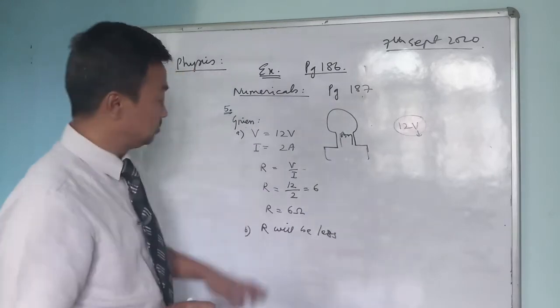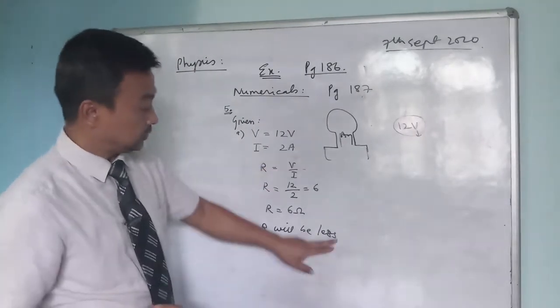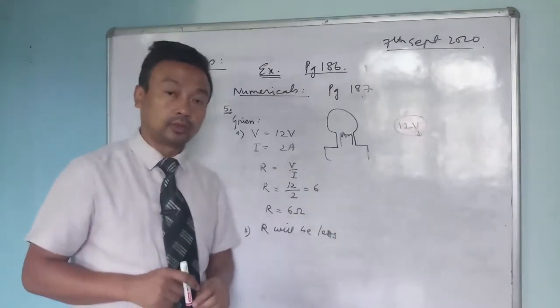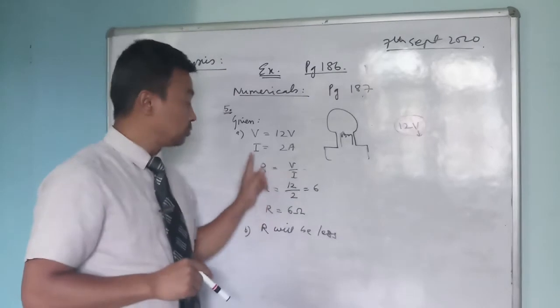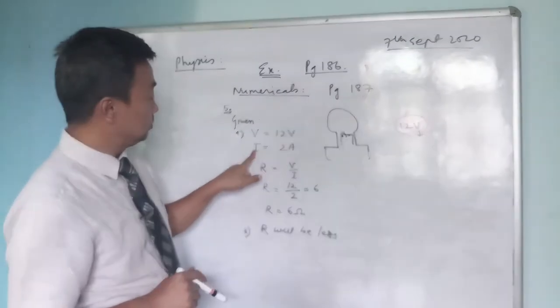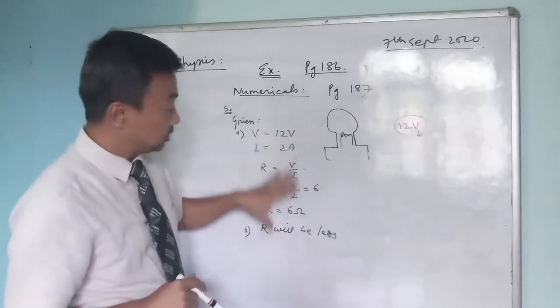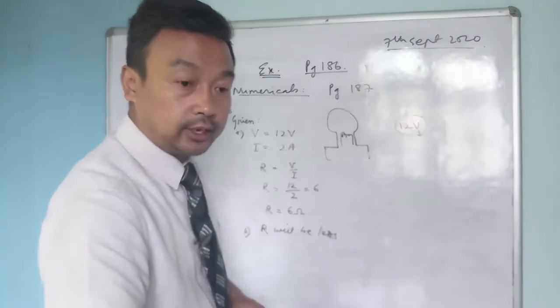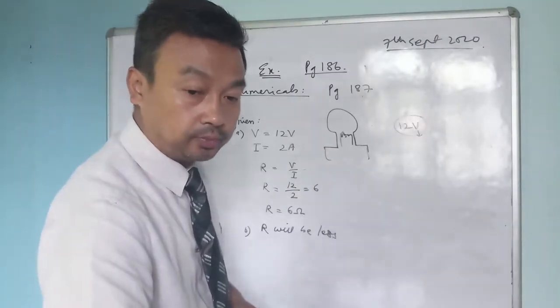Very, very simple. This may be of 2 marks and this may be of 1 mark, so 3 marks is in your pocket. A very simple formula is there. If you know the symbol well and the unit, then it becomes easy. Now we have one more question, so let us solve this also.